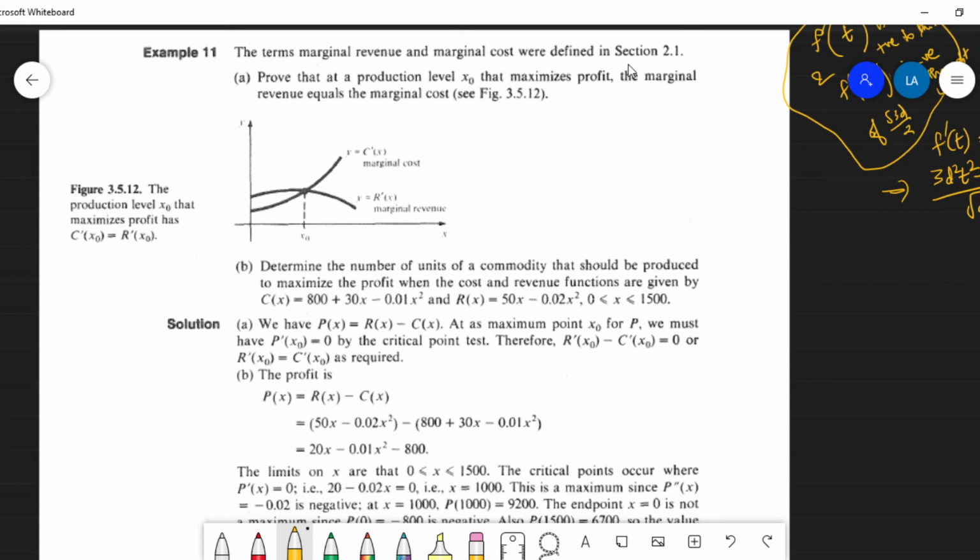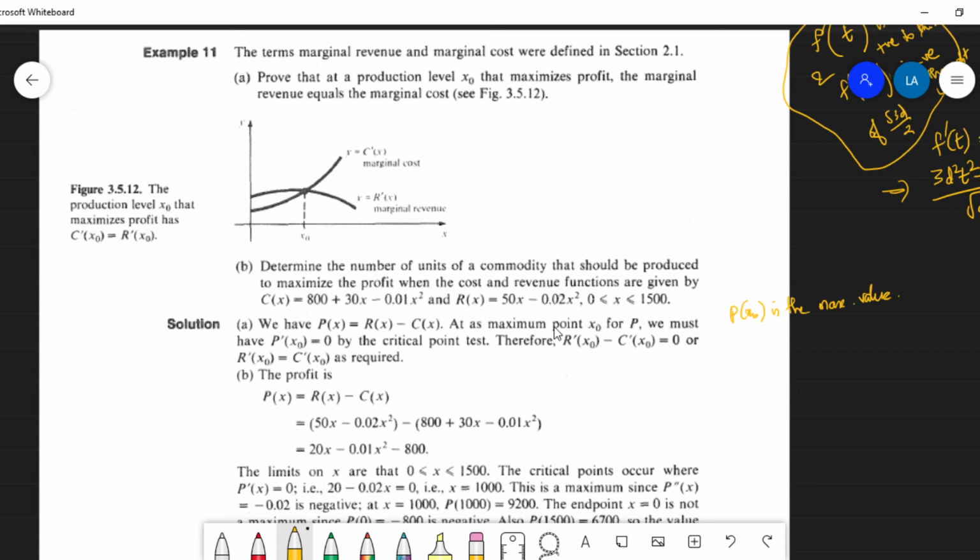They have said that it is defined in section 2.1. Just understand that the production function p of x is equal to revenue function minus cost function. So given, prove that at a production level x naught that maximizes profit, that is, at p of x naught you have the maximum value.